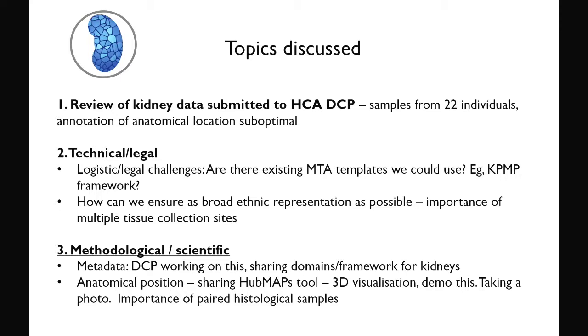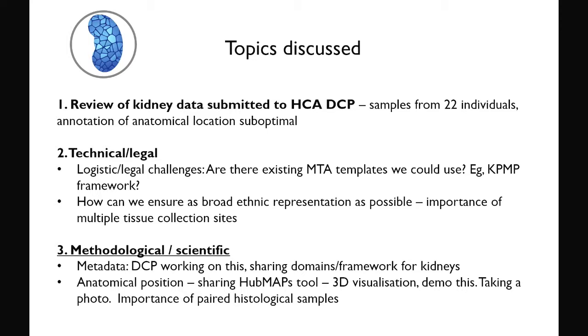What was also obvious reviewing that data, which in part relates to the metadata associated with our samples, is that for much of this data, the precise location from which the sample was taken was not clearly identified, and so that's something for us to take going forward.